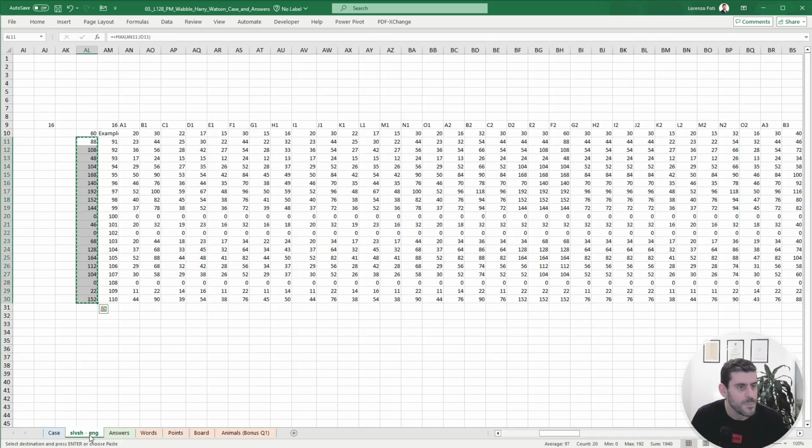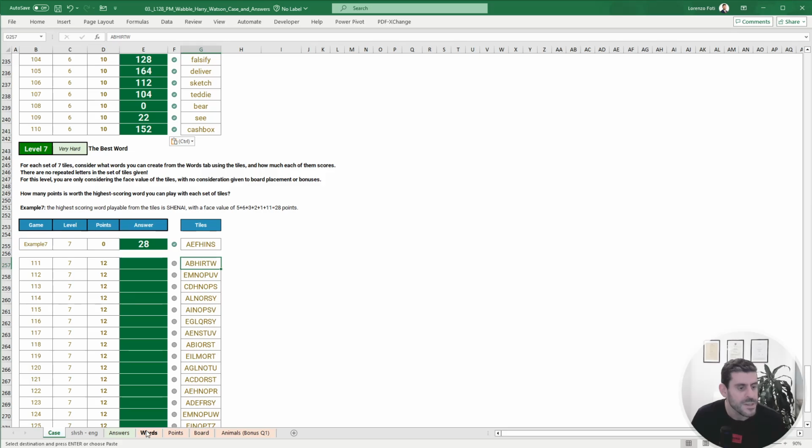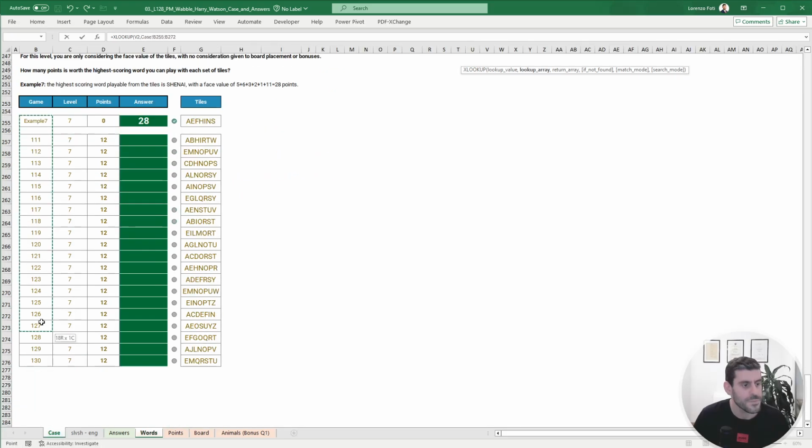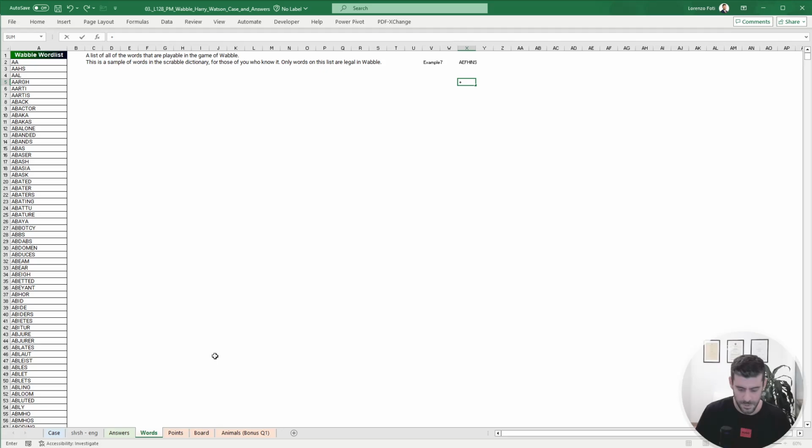So what I could probably do is go here, take the example 7, lookup this into here, returning here. Okay, split those, and then we could say that I want to check if all the letters of a word are actually there.